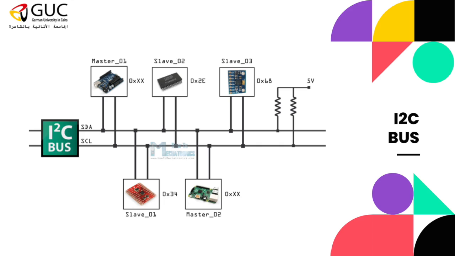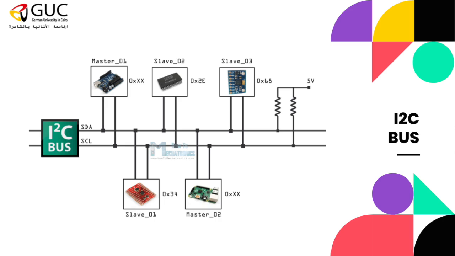As I told you before, it is a serial communication protocol, so data is transferred bit by bit. And as you can see here, we have two lines. We have the SDA line and we have the SCL line. SDA stands for serial data and SCL stands for serial clock. And since here we have a serial clock line, this means what? That the I2C is synchronous.